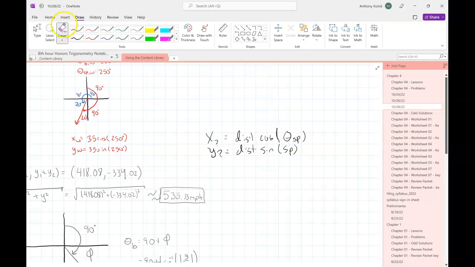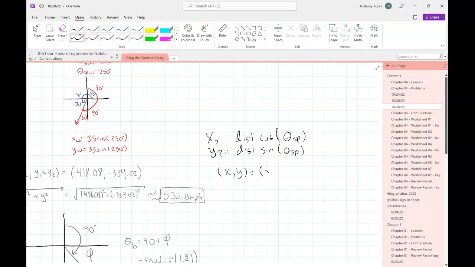Oops. Right? Just how to calculate those x1, y1, x2, y2 components. But that's pretty easy.